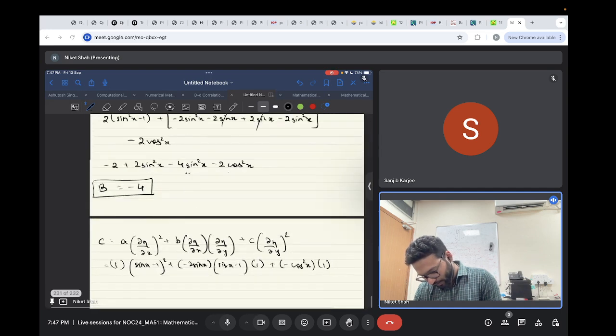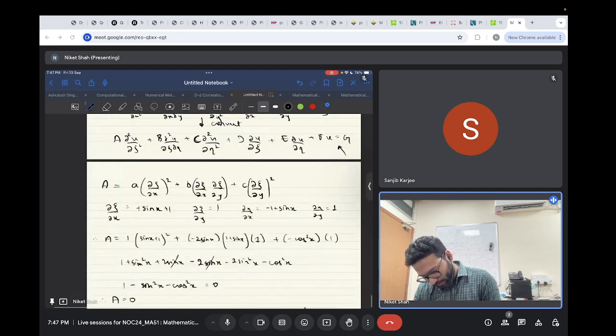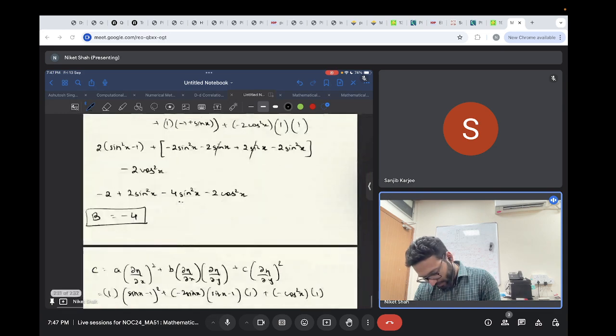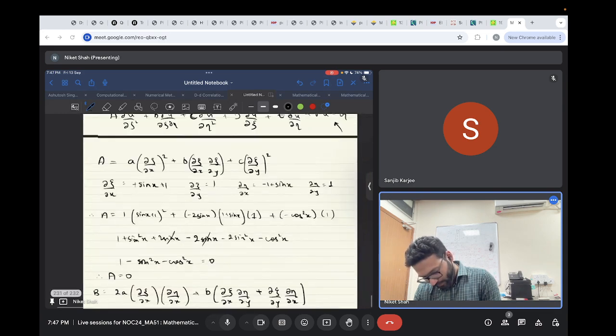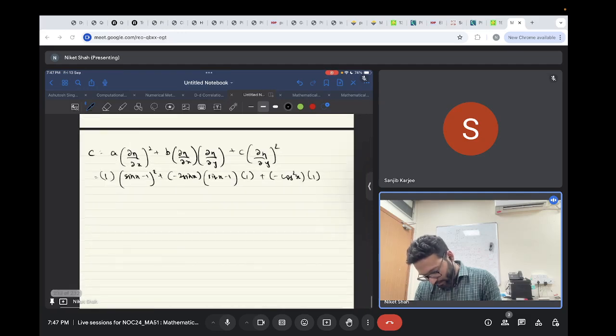Del eta by dx, I'll just check. Del eta by dx is minus 1 plus sin x minus 1. And del eta by dy is 1. Yes, this I have written. This is equal to sin square x plus 1 minus 2 sin x minus 2 sin x minus 2 sin square x plus 2 sin x minus cos square x.